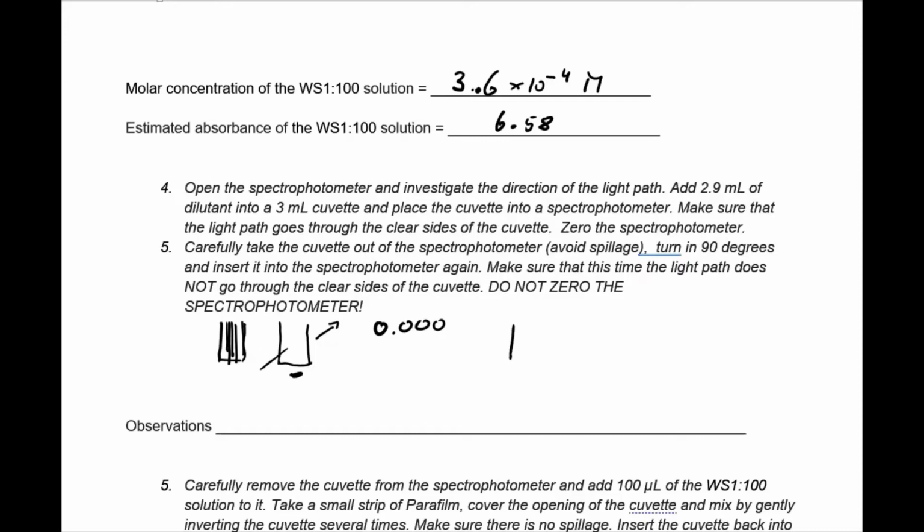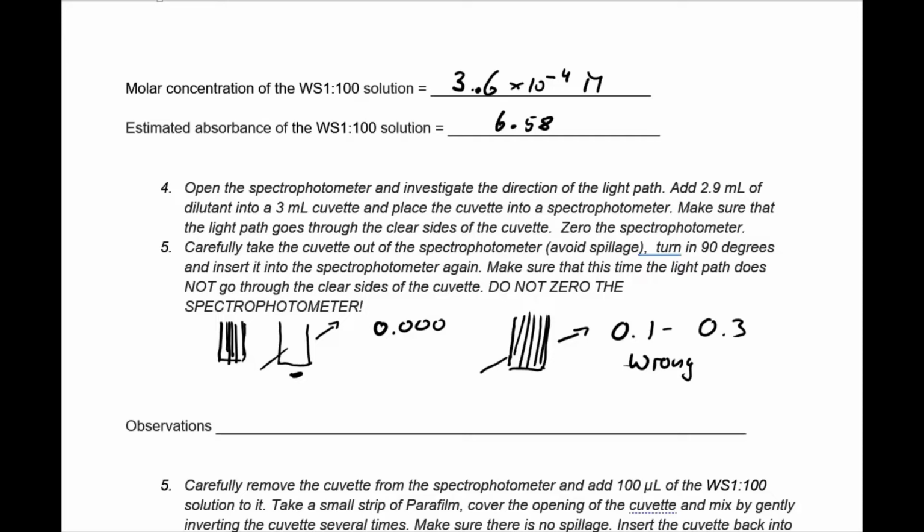However, if we place the cuvette with the ridged side, where you can actually touch it, into the spectrophotometer, light will be absorbed and we get a reading probably around 0.1 to 0.3 or something like that. And that indicates basically that the light is absorbed by this ridged side because we've put the cuvette the wrong way round.